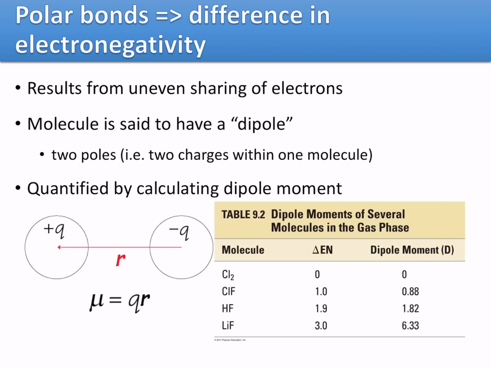We can also quantify that, not that you have to worry too much about it, but you can assign a number to this. This is what we call dipole moment. And the dipole moment basically tells you how polar a bond is. So there are changes in polarity, and that change in polarity depends on the difference in electronegativity.